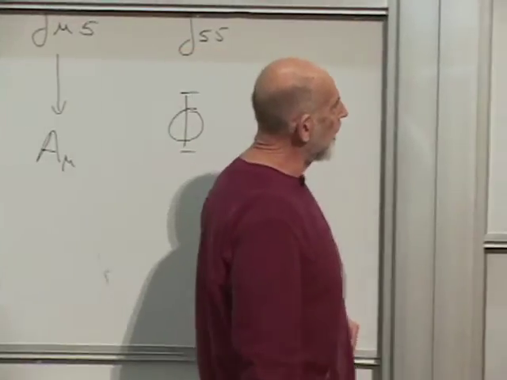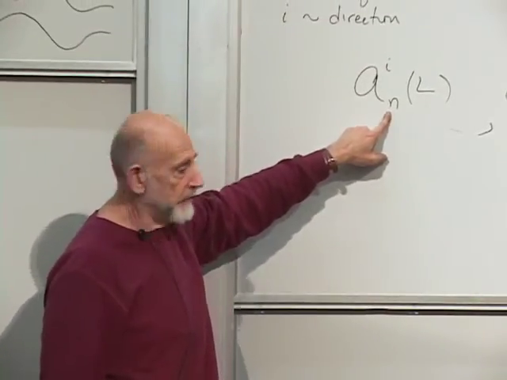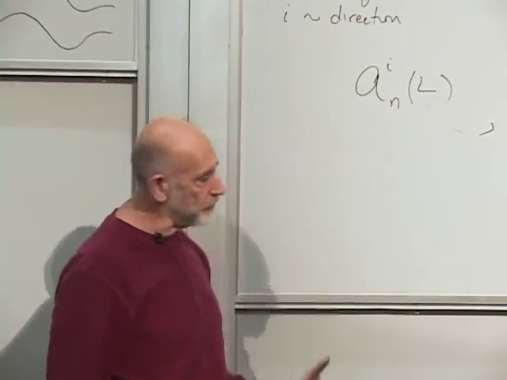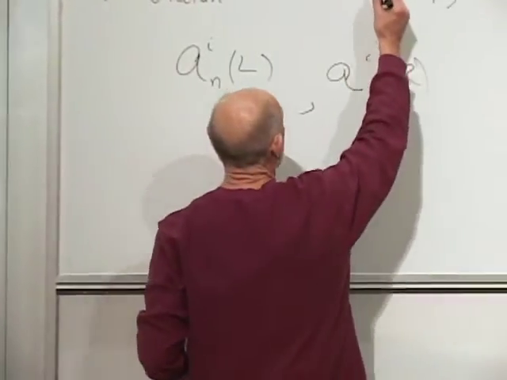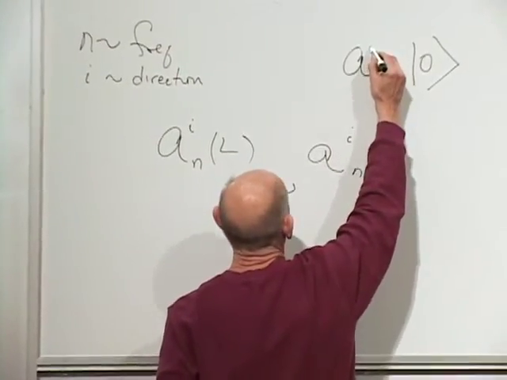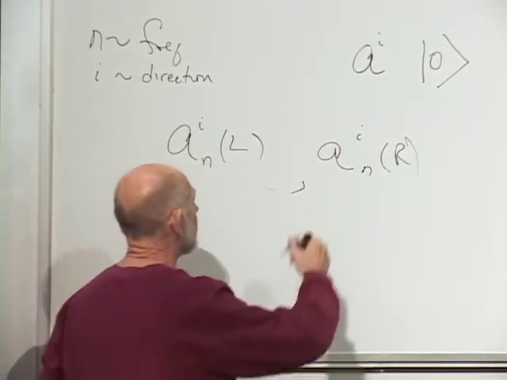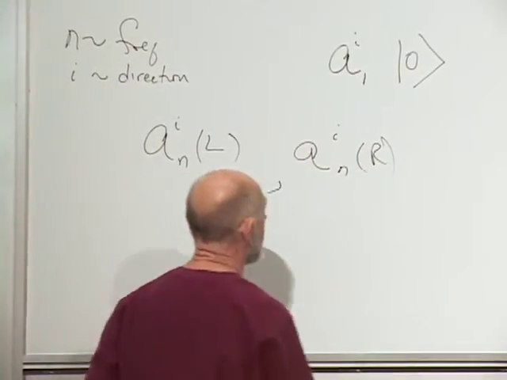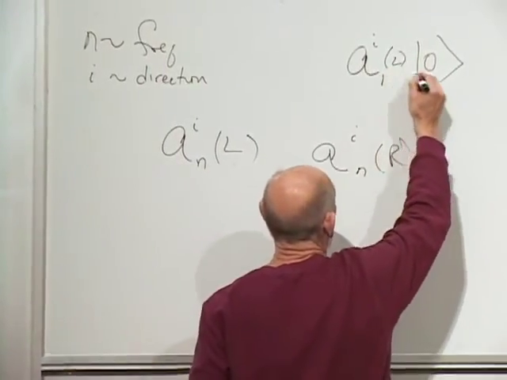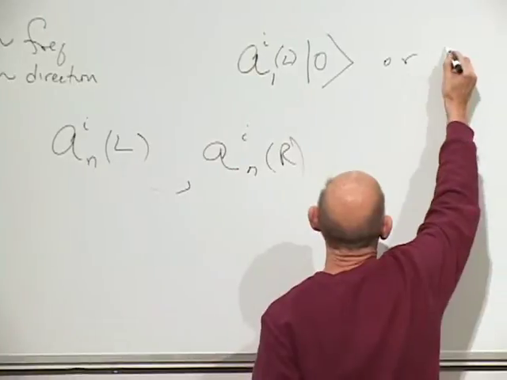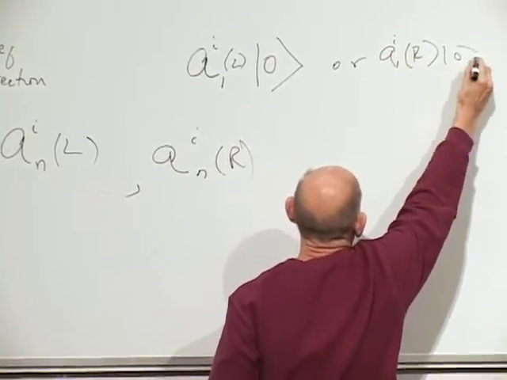Well, the next energy up is to hit it with the lowest frequency oscillator, to excite 1 unit of energy with n equals 1. So, for example, we could hit it with A^I. I can be any one of the directions of space. A_1^I left, or A_1^I right.